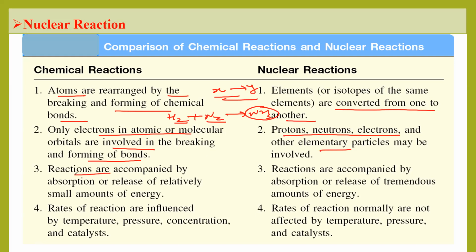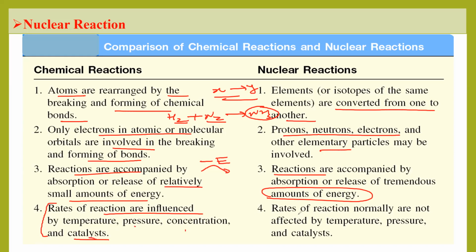Chemical reactions are accompanied by absorption or release of a relatively small amount of energy. But in nuclear reactions, a huge amount of energy is released. The rate of chemical reactions can be influenced by temperature, pressure, concentration, or catalyst.